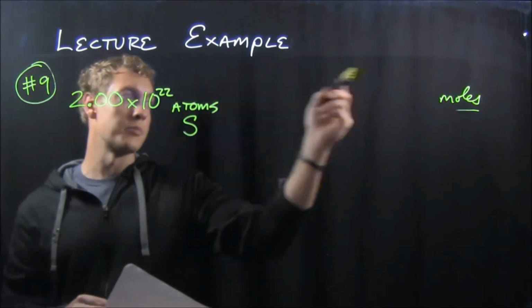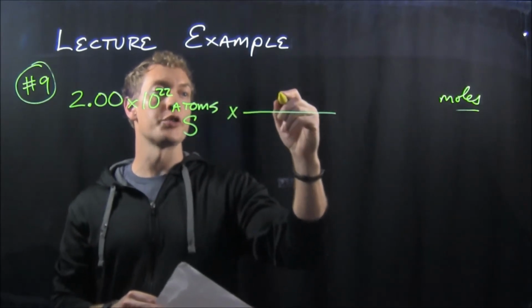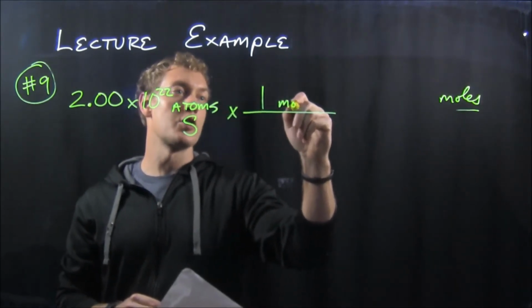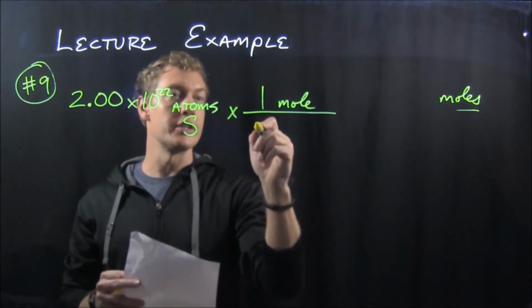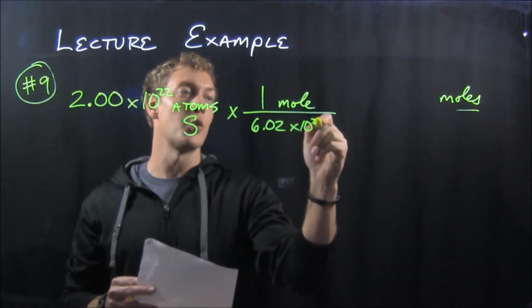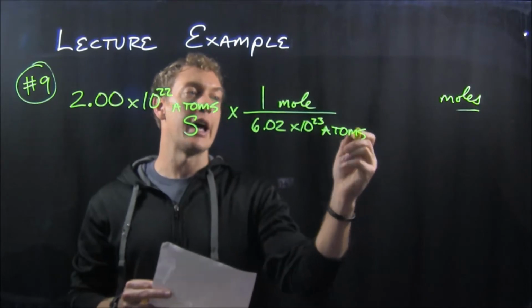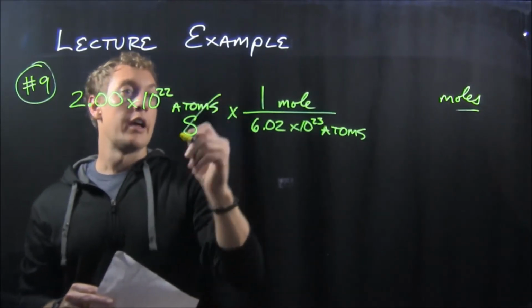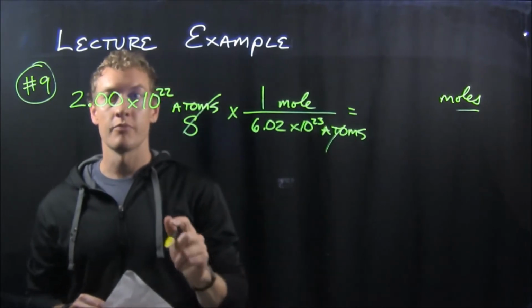So we're going from atoms to moles. So that means we're going to have moles on top. It's 1 mole because it's always 1 mole. And 1 mole is, I know, to be 6.02 times 10 to the 23rd. Since we're talking about an element, it is atoms. Atoms will divide away and we'll be left with moles.